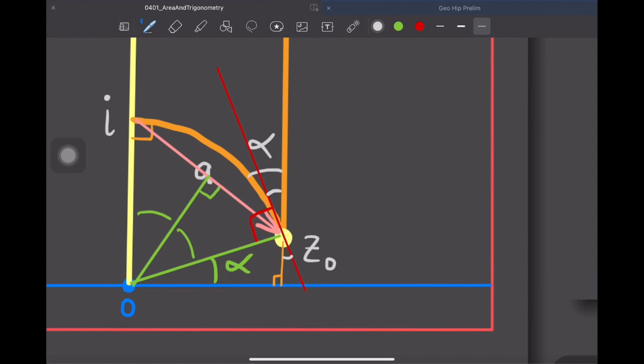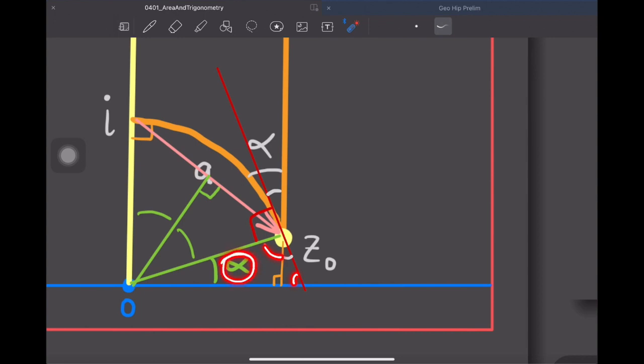Now that alpha is really this angle is really the definition. So this is alpha. Now alpha plus 90 plus this pink one is 180 degrees. On the other hand, alpha plus 90 plus this other one is also 180 degrees. So this one has to be equal to this one.